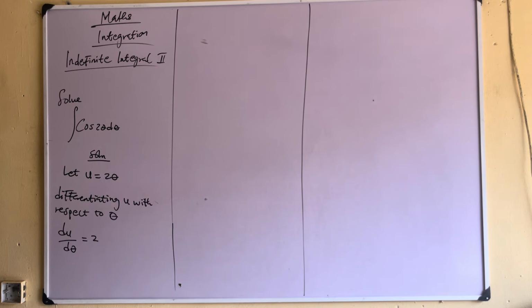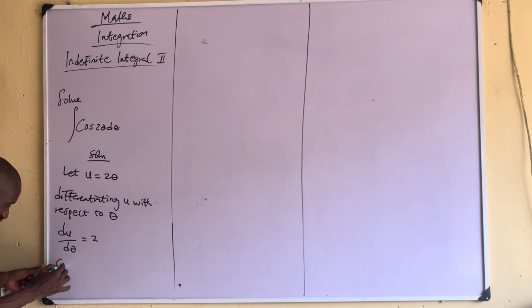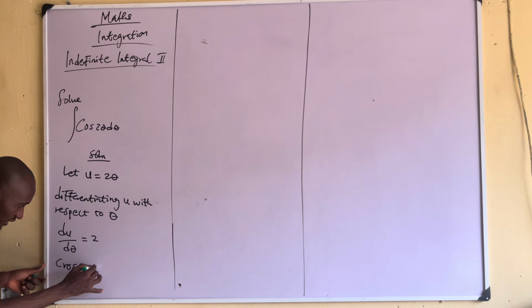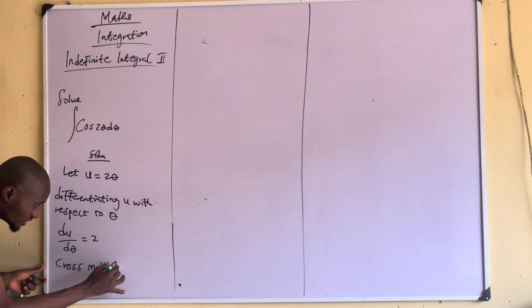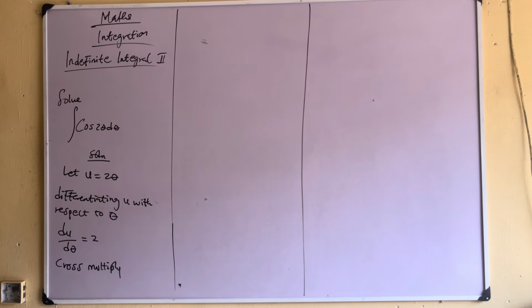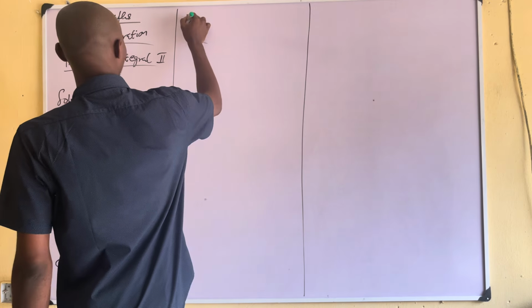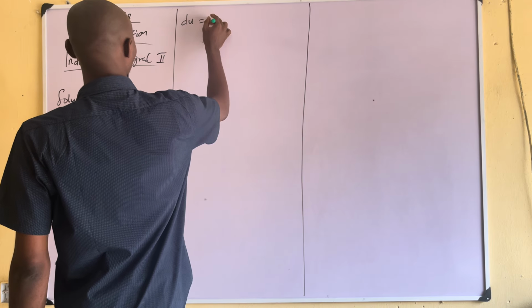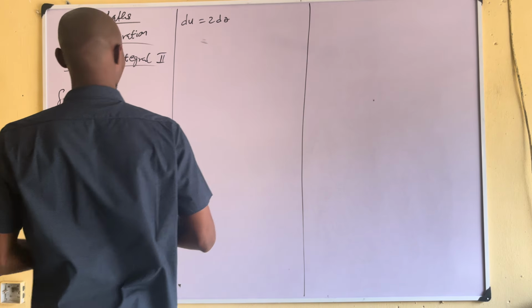It will give you what? 2, right? The next step, you say cross multiply. If you have not mastered this, please use the steps I'm giving you. When you cross multiply, you are going to have du is equal to 2 d theta.